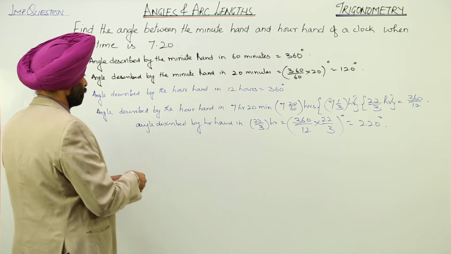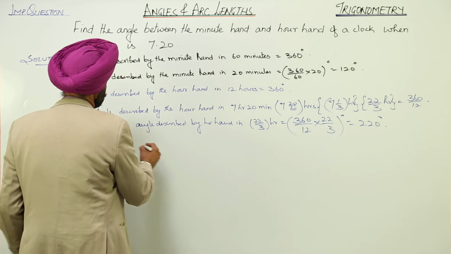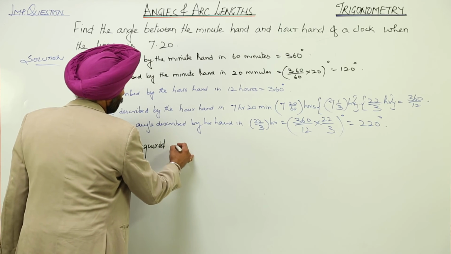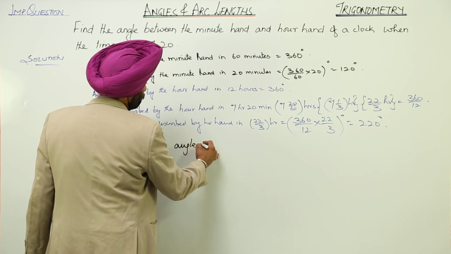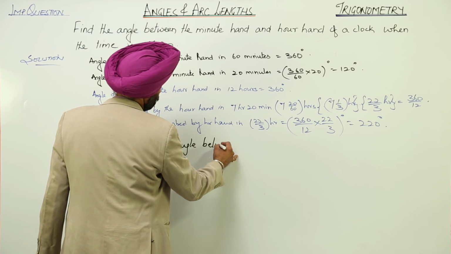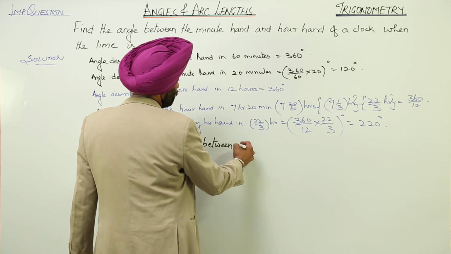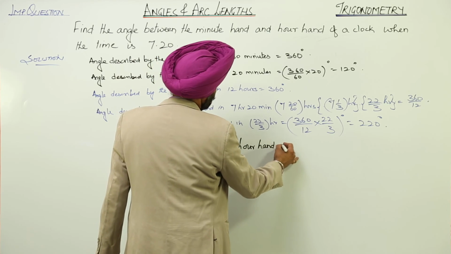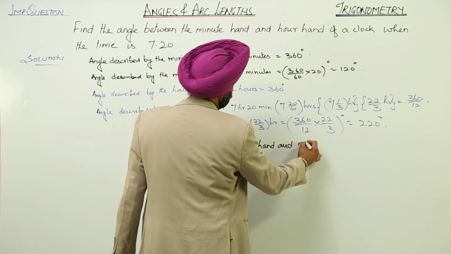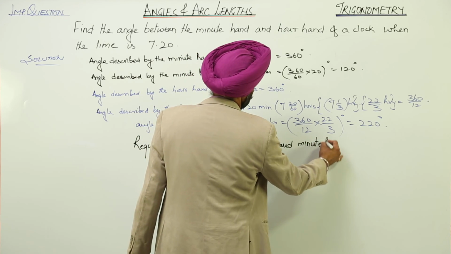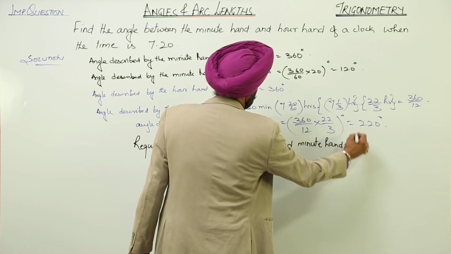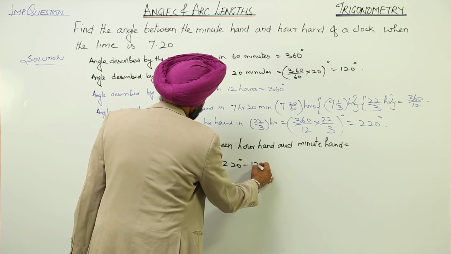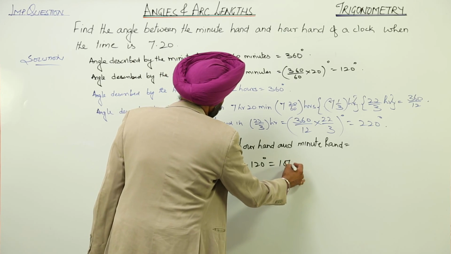Now required angle between hour hand and minute hand is equal to 220 degree minus 120 degree is equal to 100 degree.